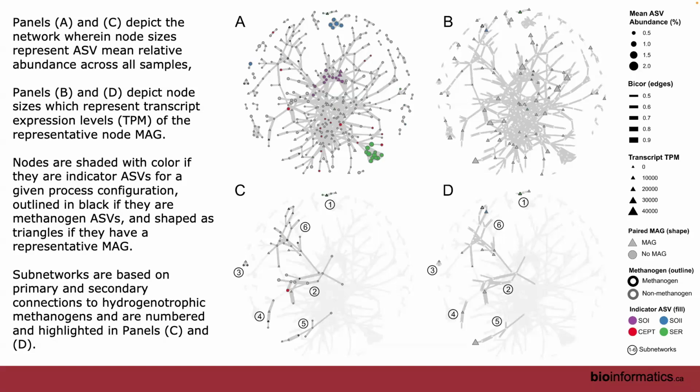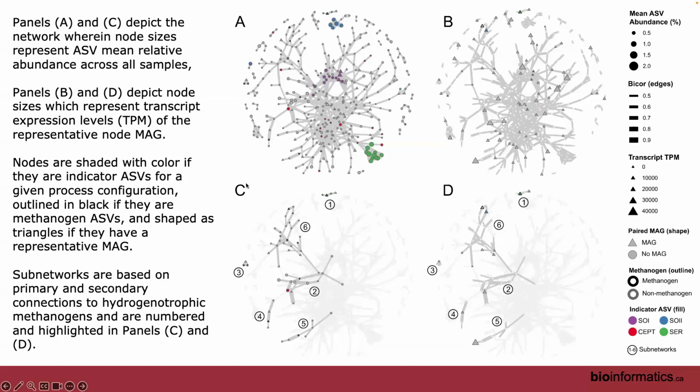So this figure is very, very small, and I do apologize for that, but I'll point you to the things to look at here. This is the total community made from the ASVs, where you can see different colors are the different configurations. This on this side is the exact same network, but the size of the points is the transcriptional activity of those ASVs paired from paired MAGs, so paired genomic information.